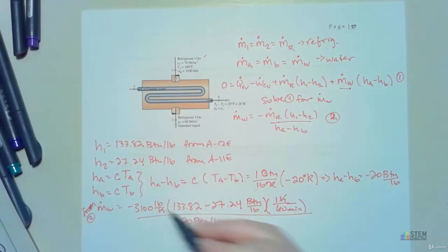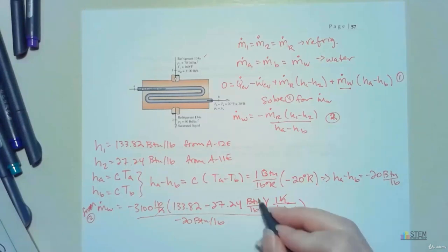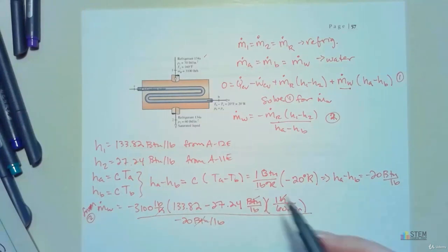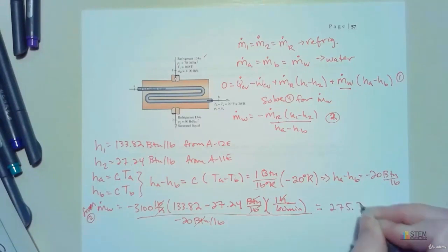So our hours are going to cancel out, so that's good. BTU cancels, and then this pound cancels with that. Now if you look, we still have pound down here on the bottom. So our units will work out. We end up getting 275.33 pounds per minute. This is our mass flow rate for water.